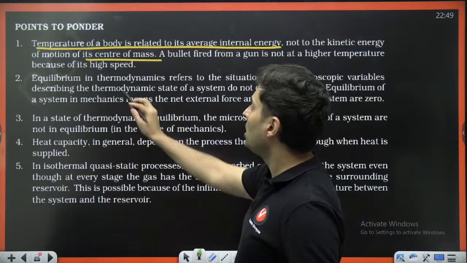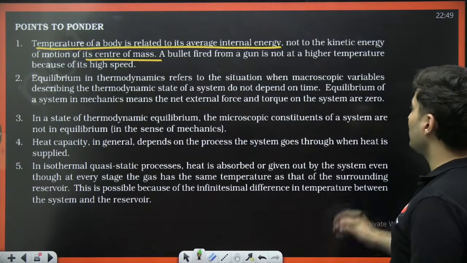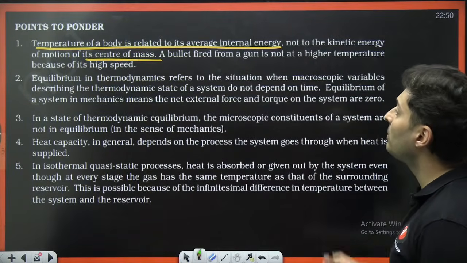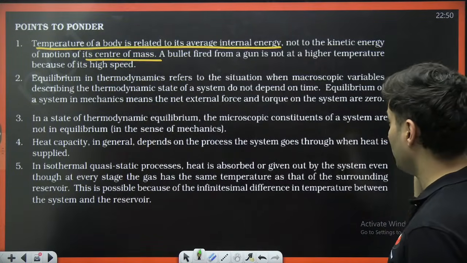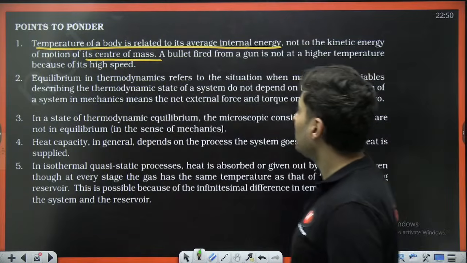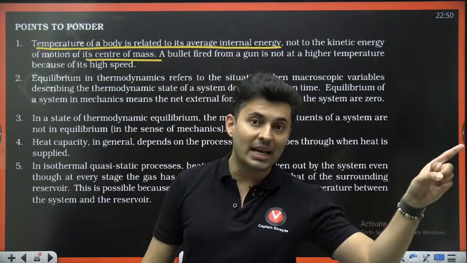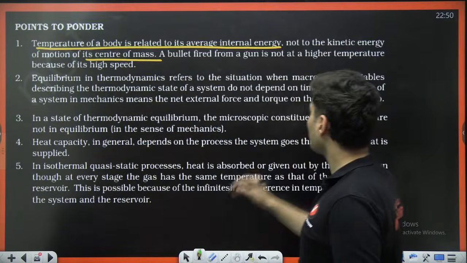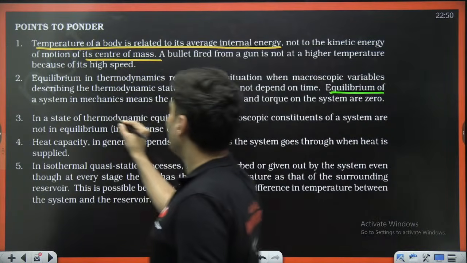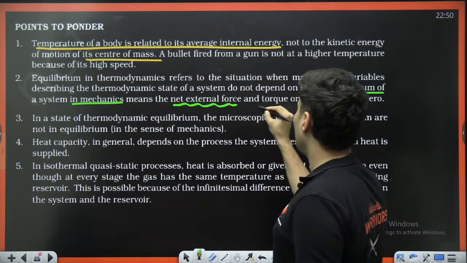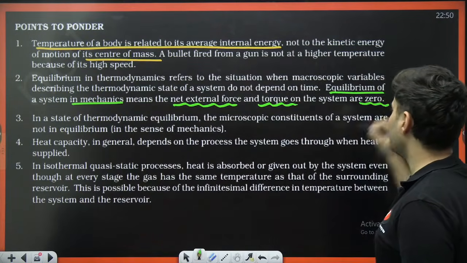Next thing which we saw: equilibrium refers to the situation where the thermodynamic state does not depend on time. Equilibrium of a system in mechanics means the net external force and torque on the system are zero. Equilibrium in thermodynamics and equilibrium in mechanics are two different things. In mechanics, it means net external force and net external torque are zero.